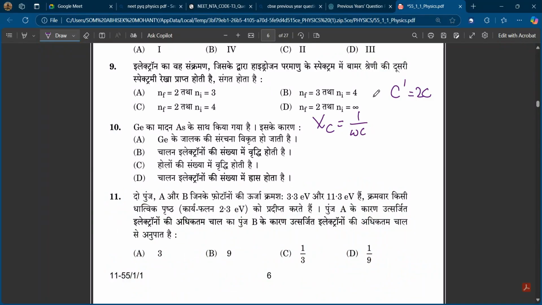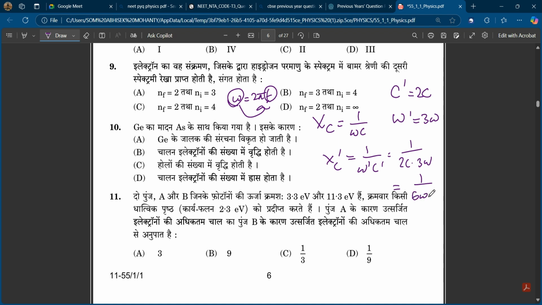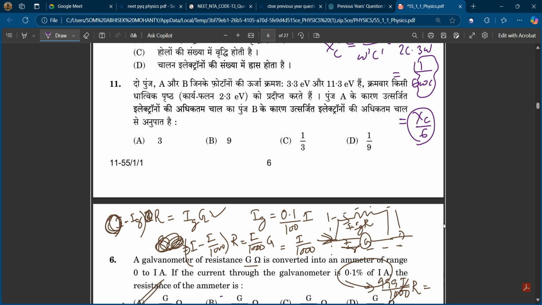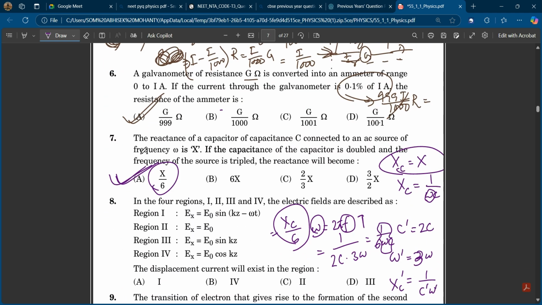Omega is equal to 2 pi f, so if f is tripled, omega is also tripled, directly proportional. So omega dash is equal to 3 omega. So Xc dash will be 1 by omega dash C dash, so 1 by 2C into 3 omega. That will be 1 by 6 omega C, correct? So 1 by omega C is Xc, so Xc by 6. Xc is given as X. So X by 6 is the correct answer.